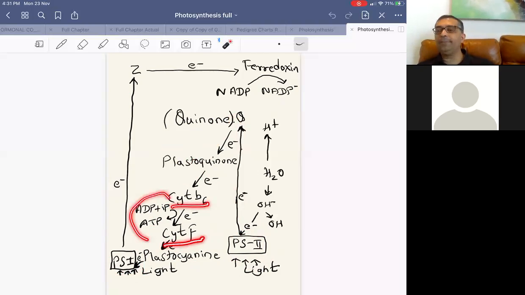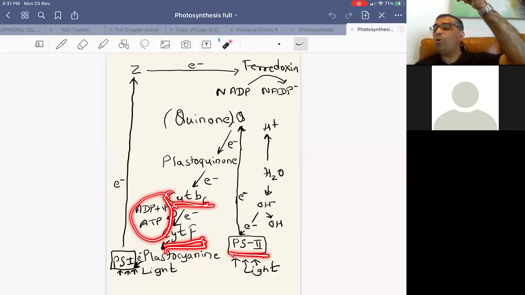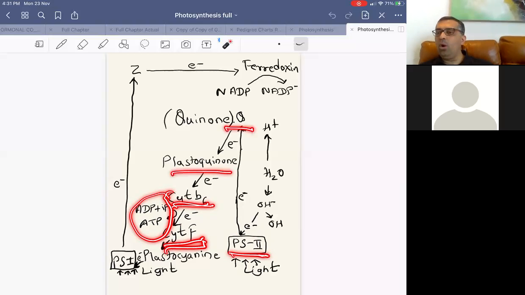एक ATP बनता है. Cyclic में, if you remember, between ferredoxine and cytochrome B6, one ATP, between cytochrome B6 and cytochrome F, another ATP. So cyclic process में दो ATP बनते हैं, लेकिन non-cyclic process में because PS2 is only with 680 nanometer wavelength, थोड़ी कम energy है, तो it went to quinone, then to plastoquinone, उसमें ATP नहीं बनता है.